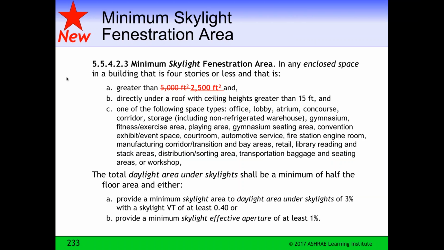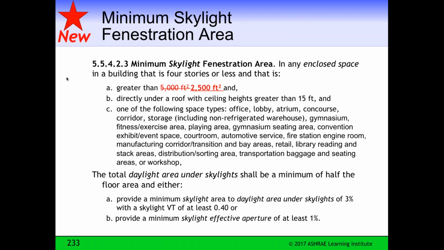For the skylight area, there's an interesting requirement that any enclosed space in a building that's 4 stories or less, and that's greater than 2,500 square feet, and the space is directly under a roof with ceiling heights greater than 15 feet, and is one of the following types: an atrium, an office, a lobby, a concourse, a corridor, storage, gymnasium, library, stack area.